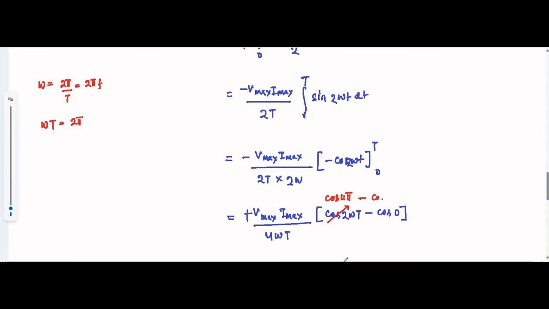So cos 4 pi minus cos 0 is equal to 1 minus 1, that is equal to 0. So this entire thing becomes 0. So the whole result is 0. So the average power over one complete cycle in a circuit with a pure inductor is equal to 0.